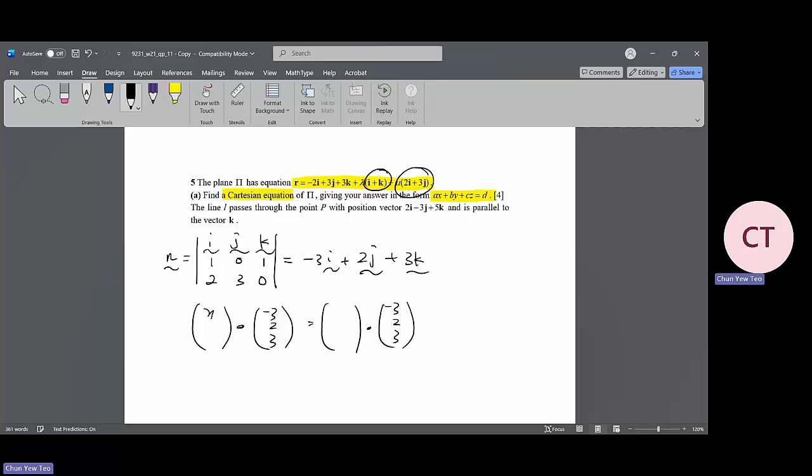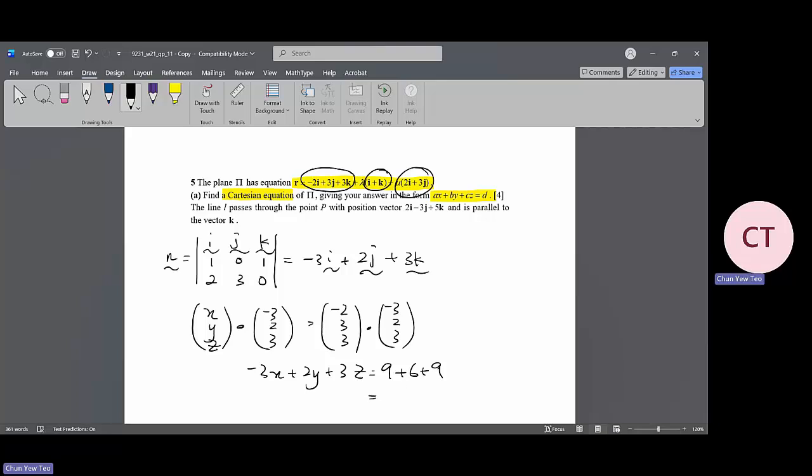That is dotted with your random position vector, x, y, z. And you need to have a fixed point. So the fixed point, or the position vector, will be negative 2, 3, 3. So you get negative 3x plus 2y plus 3z is equal to 9 plus 6 plus 9.